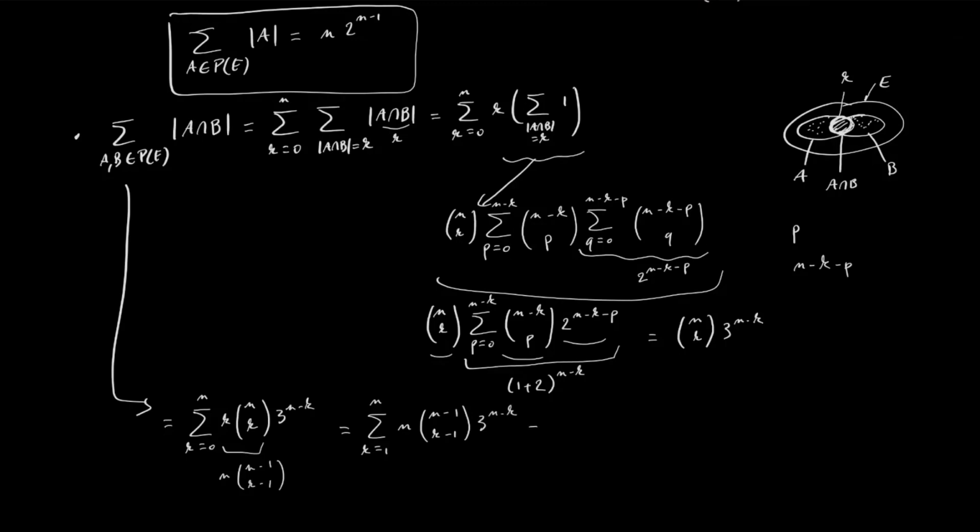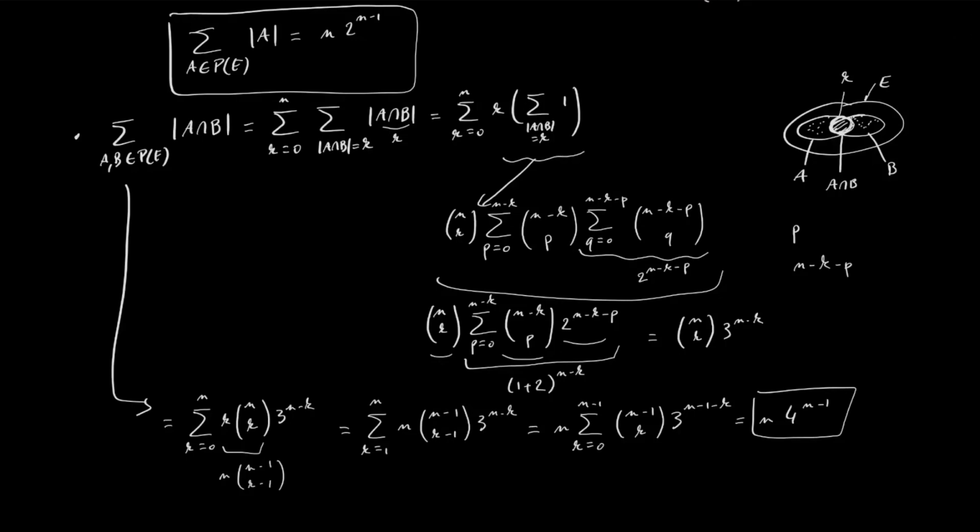By change of index k, we have that this is equal to n multiplied by the sum from k equals 0 to n minus 1 of n minus 1 choose k multiplied by 3 to the power of n minus 1 minus k. And by applying the binomial theorem one more time, we have n multiplied by 4 to the power of n minus 1.